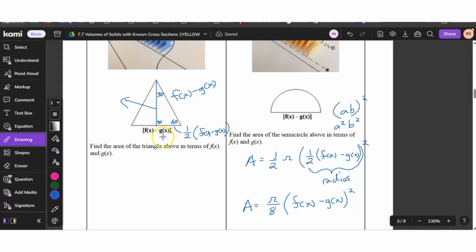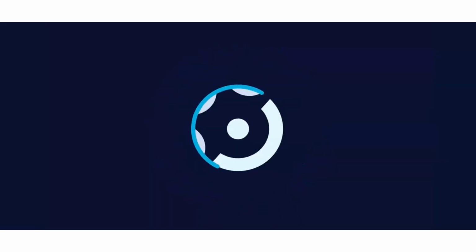So then what we can do is using that special triangle where we know that this has to be 1, then we know that this side is root 3 over 2. So it's root 3 over 2 times that very same thing, so f of x minus g of x. Okay? If that doesn't make a ton of sense, go ahead and do the Pythagoras. I don't feel like doing it.